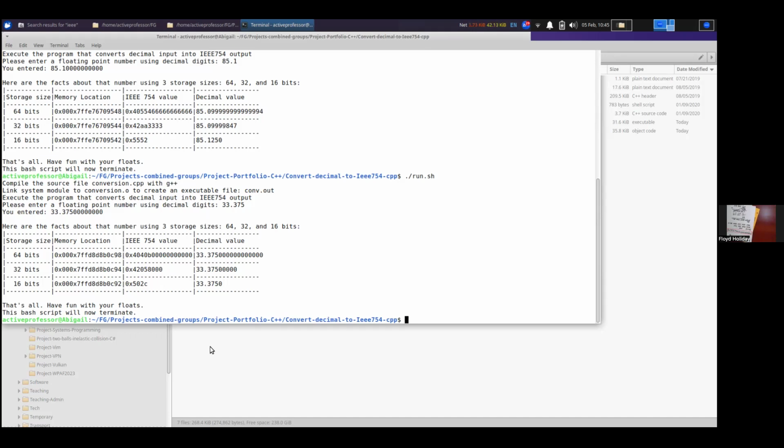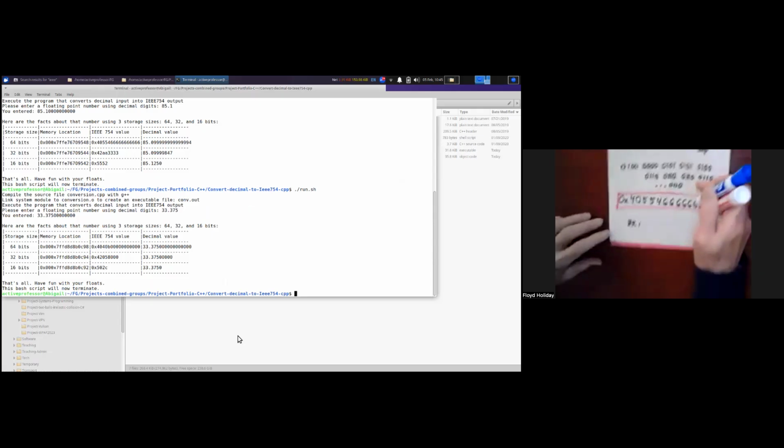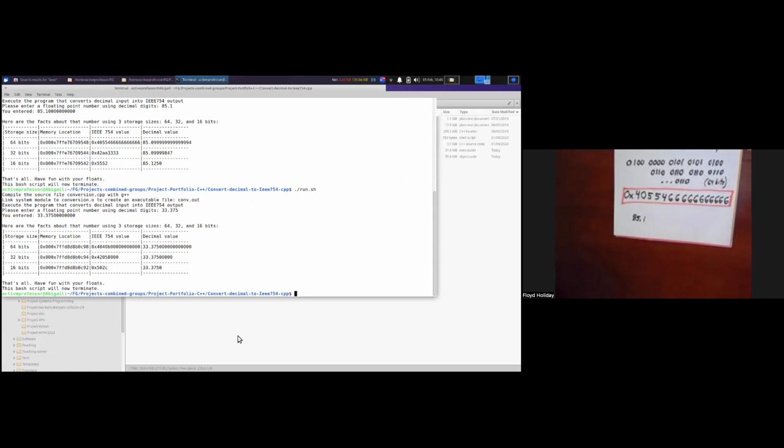Okay. So what's our clock say? It's 10 minutes before 11 o'clock. The other half of this equation is that sometimes your midterm asks you to go in reverse order: start with the IEEE number, come up with the decimal number.